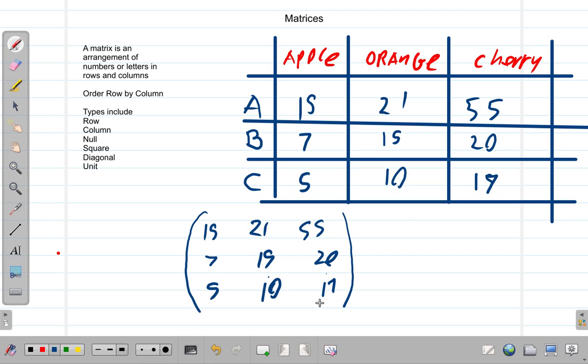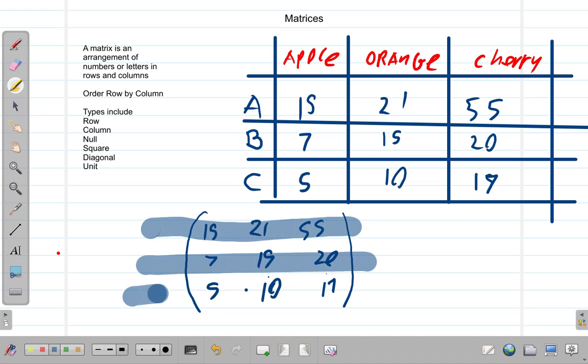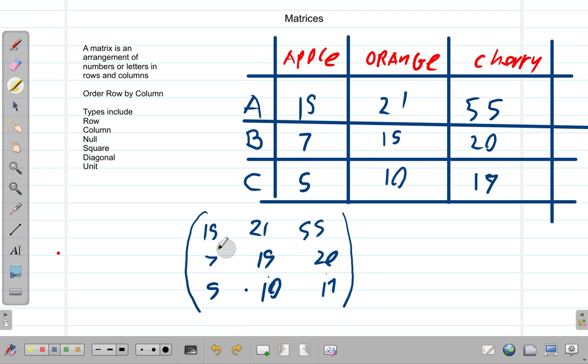Now, these numbers that are lined up horizontally are arranged in rows. So, the rows, you have row 1 at the top, row 2 in the middle, going this way, row 3.